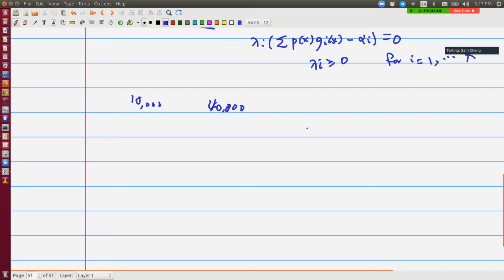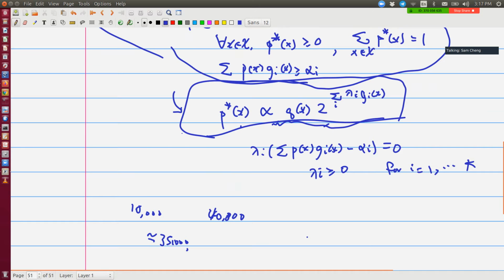If the fair dice is thrown 10,000 times and what you got is kind of typical, then it should be around 35,000, right? So now you get 40,000, so it's definitely not typical.